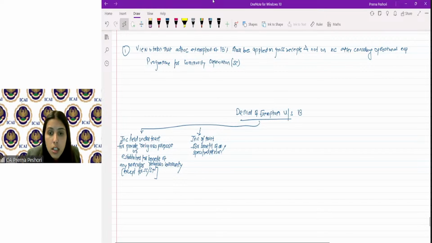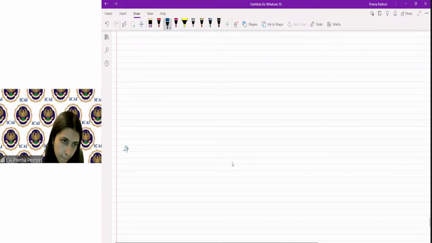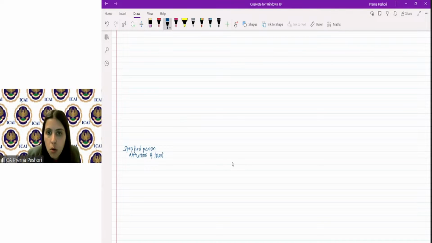Section 13 talks about the specified person. Section 13, subsection 3 talks about the specified person. Who are the specified persons? Who are the prohibited persons? So 13(3) gives the list of persons. It could be the author of the trust. So just write down: specified person is the author of the trust, or the settlor of the trust, as you may call it.